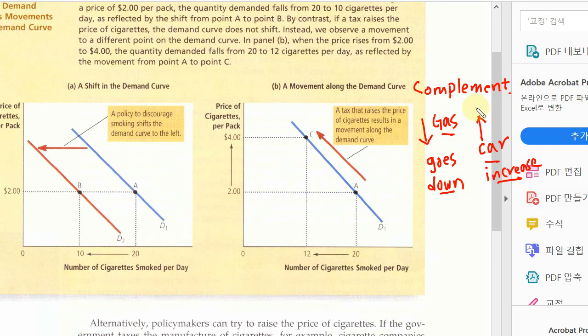And also, we have another factor, which is the expectation for the future.